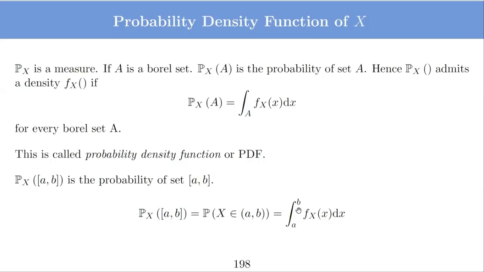So how is this important for probability? Again, remember probability is also a measure. The P_X you have defined is also a measure. So of course it has a special property, it can be between 0 and 1 only, but it's a measure.